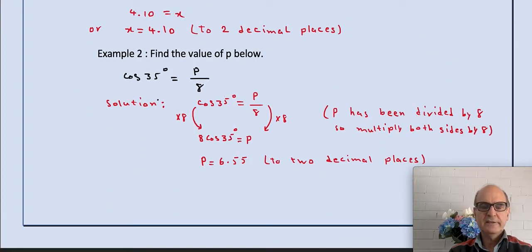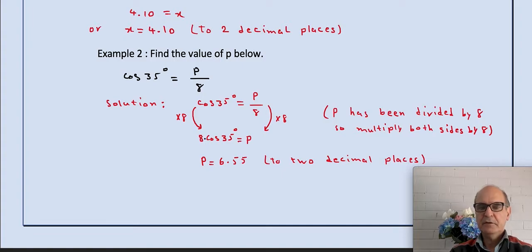As another example, here you have cos 35 is equal to p on 8. Again, p has been divided by 8. We've got to undo it. To undo it, you've got to times by 8. But you've got to times 8 to both sides, so then 8 times cos 35 becomes 8 cos 35 equal to p.